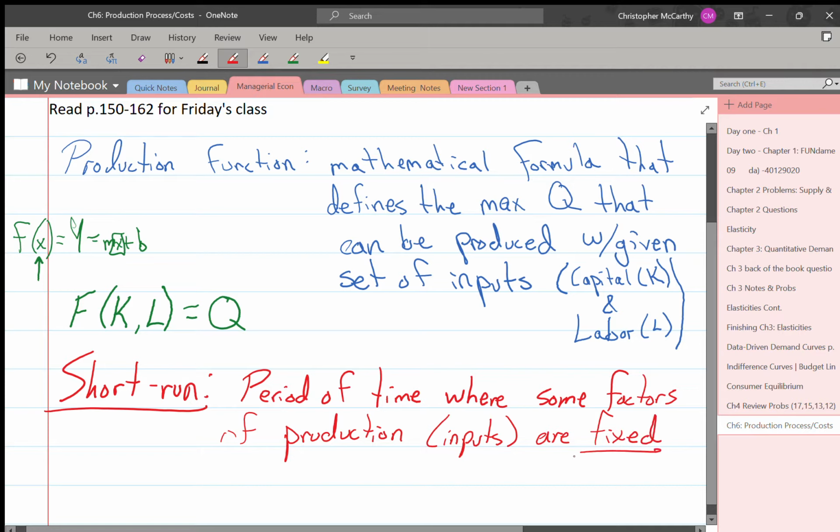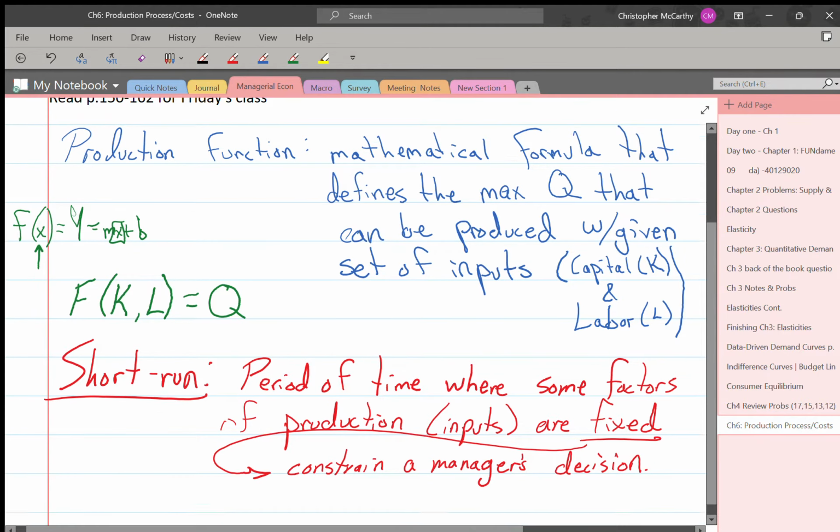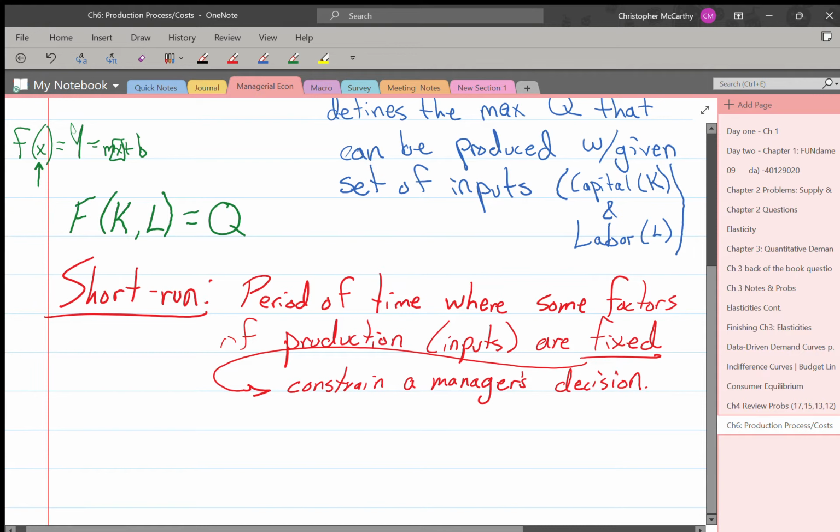Because they're fixed, they constrain a manager's decision. So the short run is defined by the fact that something is fixed.